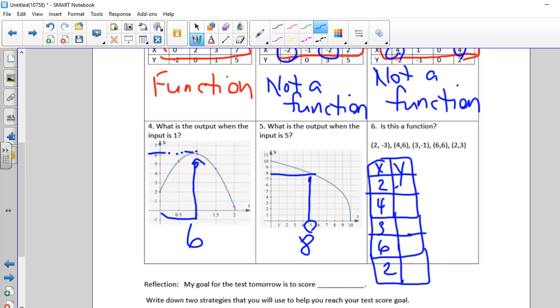And I'm going to put my outputs because I don't like leaving the right side of my table blank. But I don't need them for this part. Box your inputs to tell if it's a function or not. 2, 4, 3, 6, 2. Uh-oh. I see more than one 2. So this is not a function.